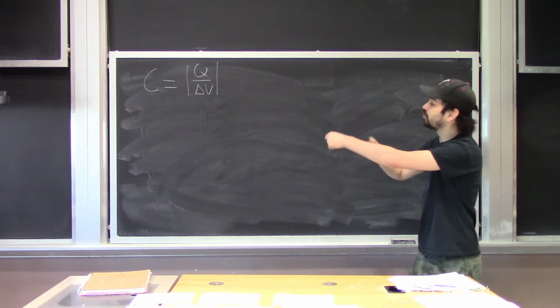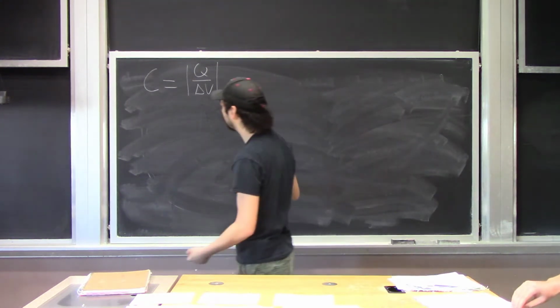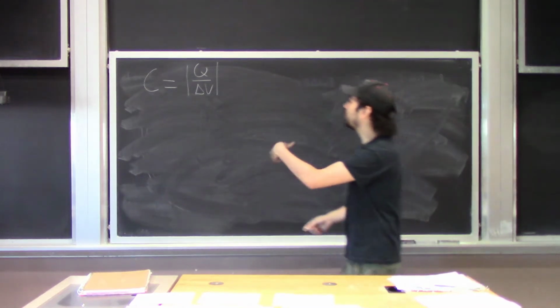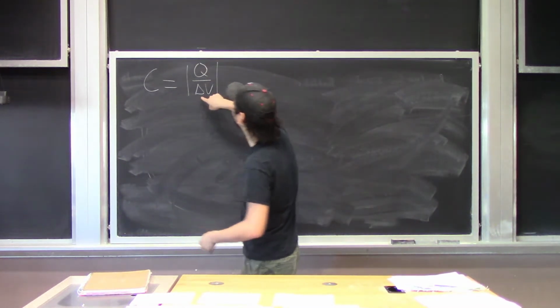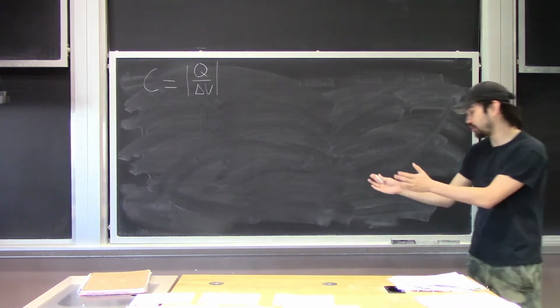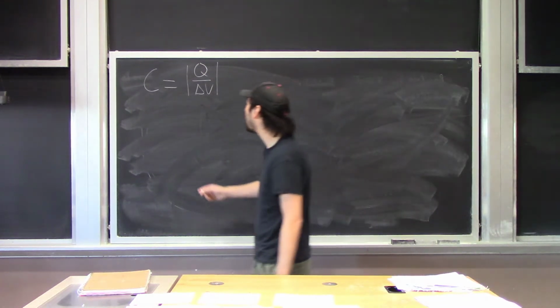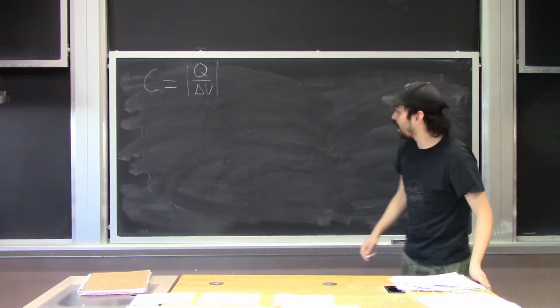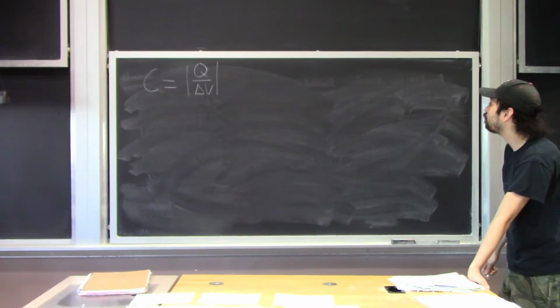So for any system, whether it's parallel plates, spherical shells, or cylindrical shells, the game is always to find the difference in electric potential between those two conductors, and then take the ratio of the charge that's on the conductors to the difference in electric potential.